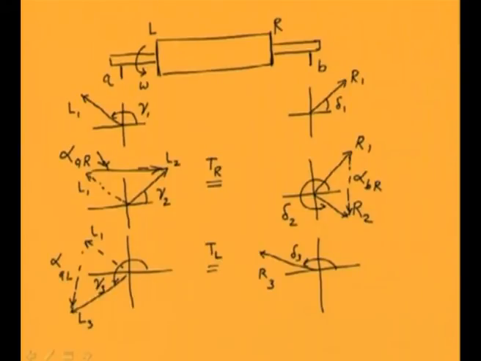So this will be alpha AL. Similarly, on the right side, if we take R1 here, this will be the effect of the trial mass in the left plane, how much vibration is affecting the B plane. So it indicates alpha BL.